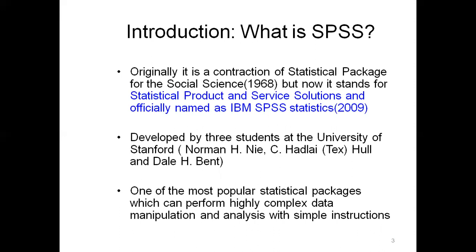Actually, what is SPSS? Originally, it is a contraction of Statistical Package for the Social Science, and it was launched in 1968 as a basic version, SPSS 6.0, and it goes on to SPSS 7.0, 8, and so on, up to SPSS 25, that is IBM SPSS Statistics.